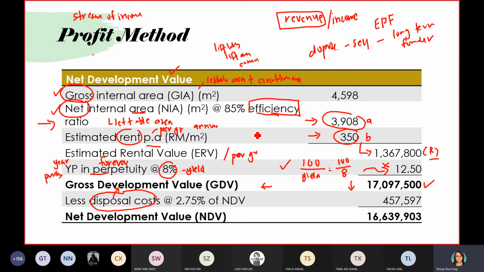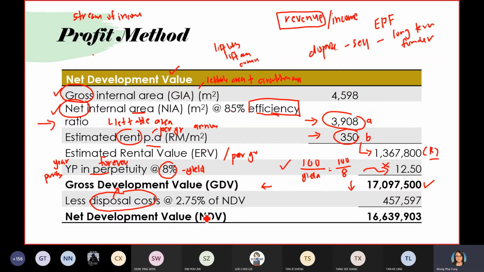Like Sunway Pyramid, Sunway Velocity, they are going to stand there for a very, very long time. So actually their income can seriously be collected forever, until I die, provided the company works well and Sunway Pyramid, Sunway Velocity are still there. So that's why the income is in perpetuity.